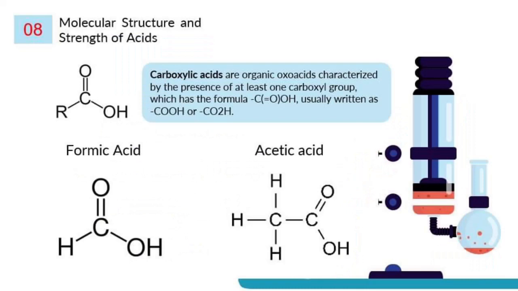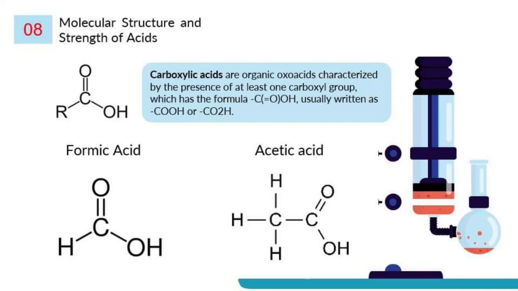Carboxylic acids are a significant subgroup of organic oxoacids, distinguished by the presence of one or more carboxyl groups. The general formula of a carboxylic acid is RCOOH, where R represents a monovalent functional group. These acids are prevalent in nature and are vital in numerous biological processes and industrial applications.